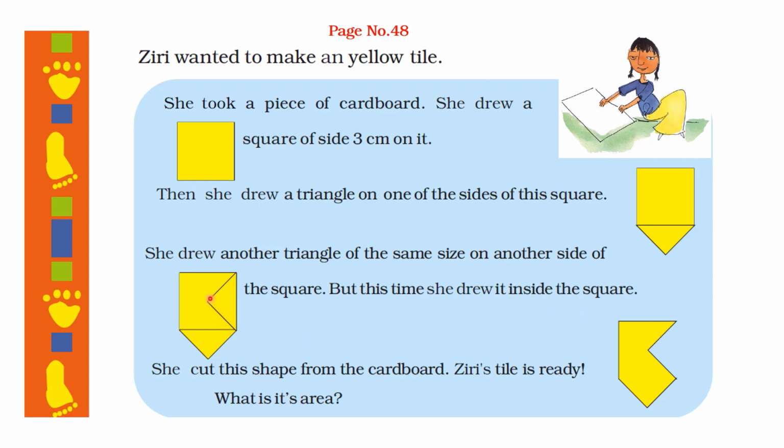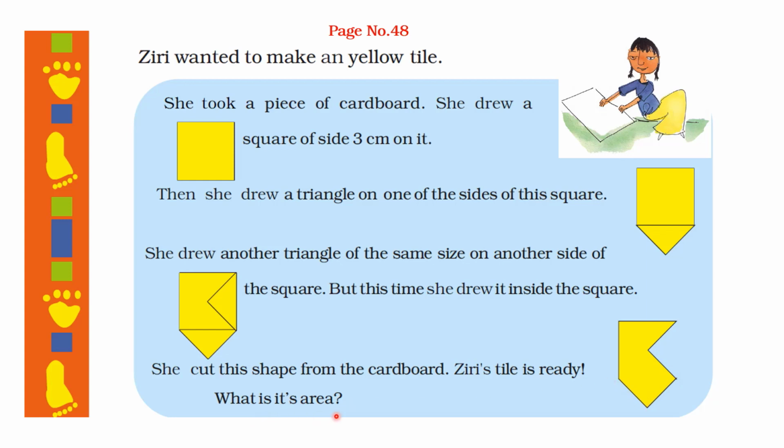Inside the square, she drew another triangle like this. She cut the shape from the cardboard. Ziri's tile is ready. It looks like this. This is Ziri's tile.